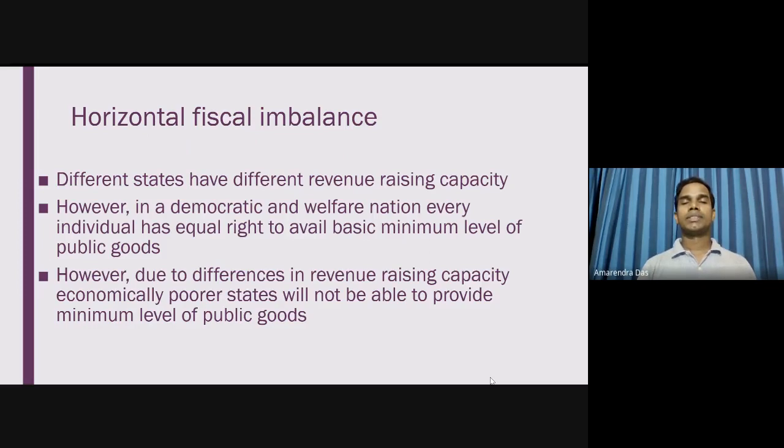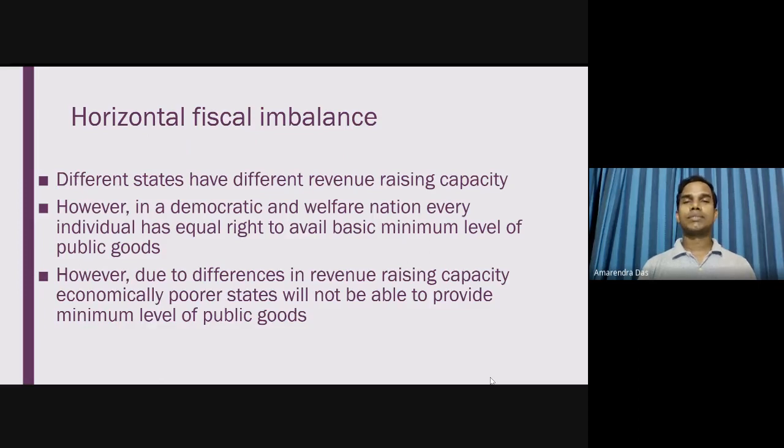So that means some states would have more revenue raising capacity, but some other states would have less revenue raising capacity. But as India is a democratic country and it is a welfare nation, the people have the right to enjoy at least basic minimum level of public goods.